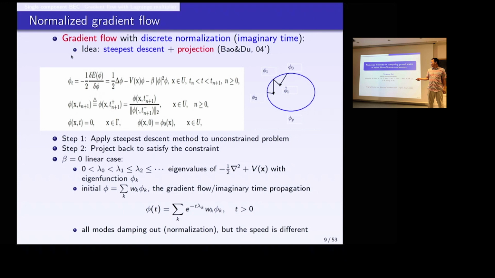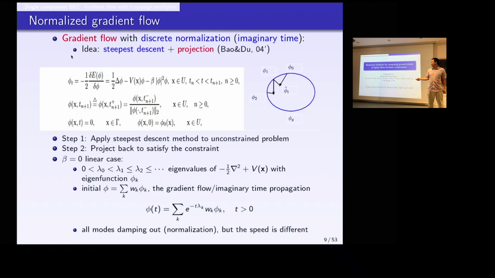This is the algorithm proposed by Bao in 2004. The idea is basically you do unconstrained minimization, then you do a projection back to satisfy the constraints. In the linear case, this is easy to consider, because the solution can be written in a superposition form of the eigenmodes, and you will see that all the eigenmodes will decrease in time, but only the first one will remain the most.